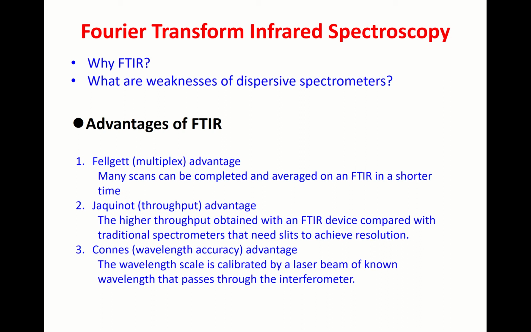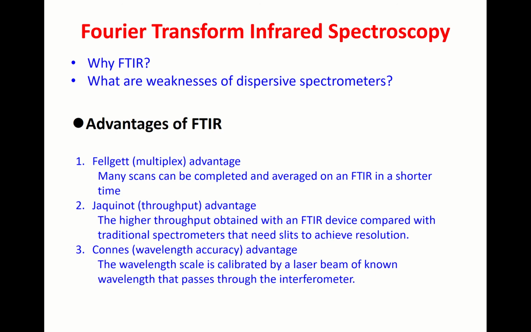So actually, after the monochromator, the light intensity entering the sample is very weak. That's the low throughput. The Jacquinot advantage is the high throughput advantage because instead of monochromatizing the light, you send the whole IR beam to the sample.